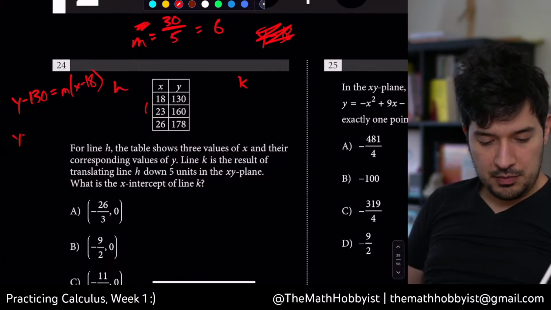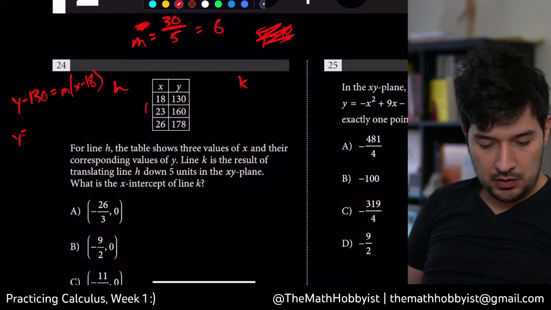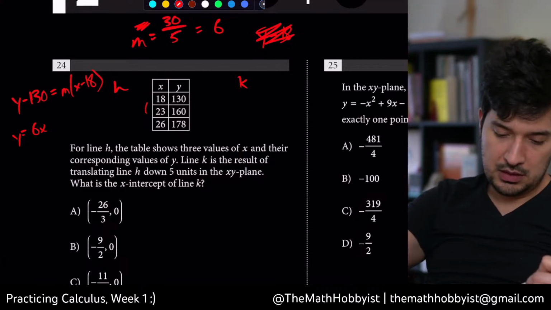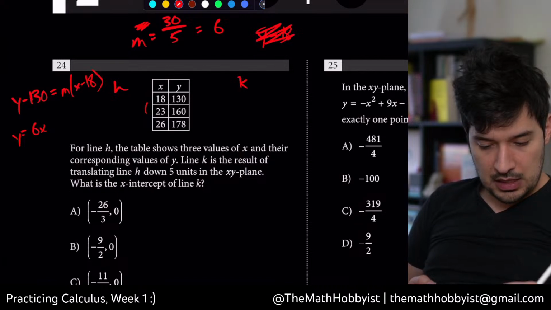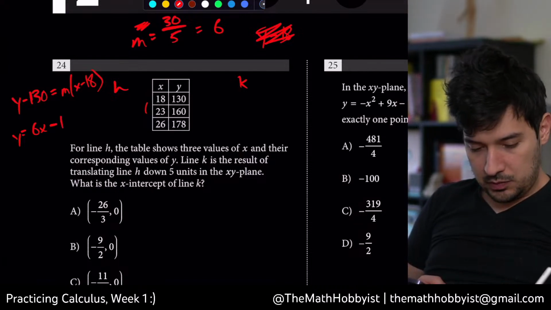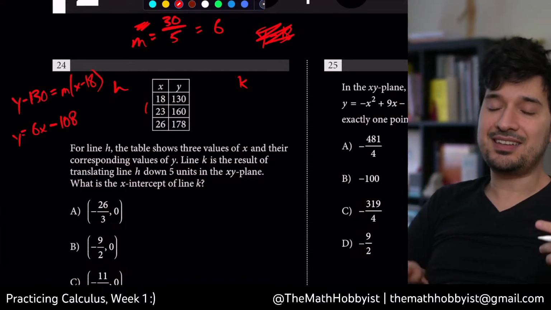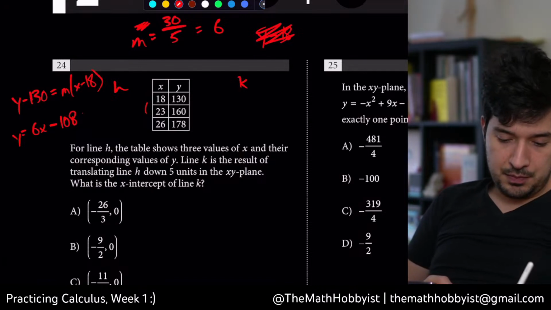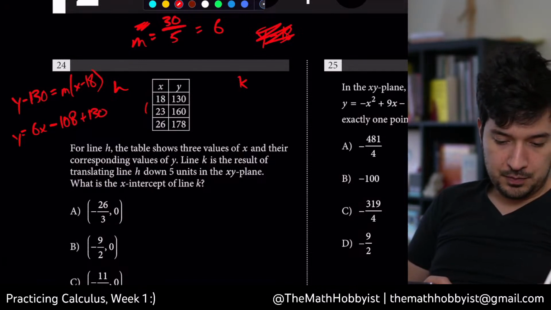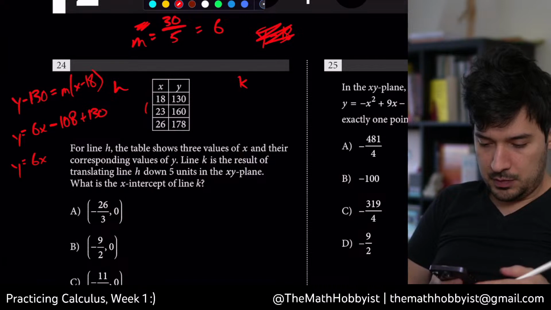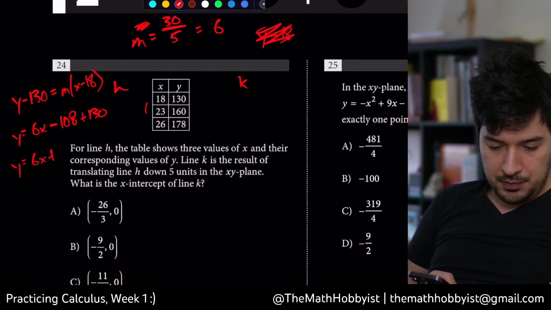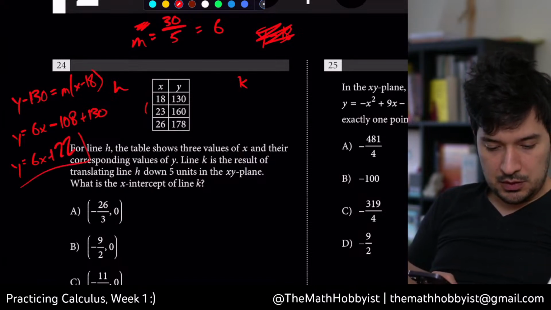So y equals 6x, 6 times 18, in a test I would just run through it, 6x minus 108, I would use a calculator, plus 130. 6x, 130 minus 108, 6x plus 22.